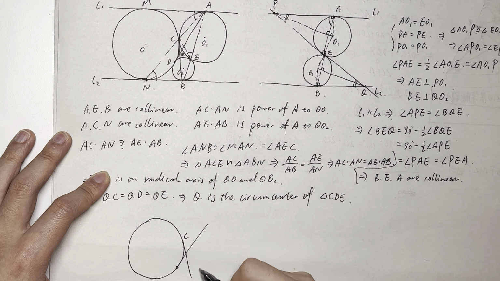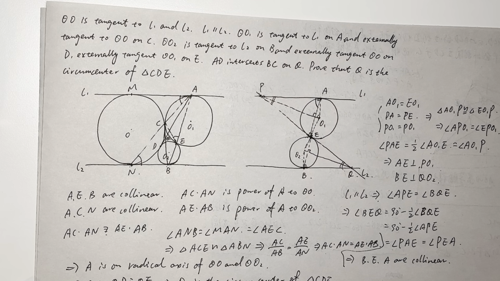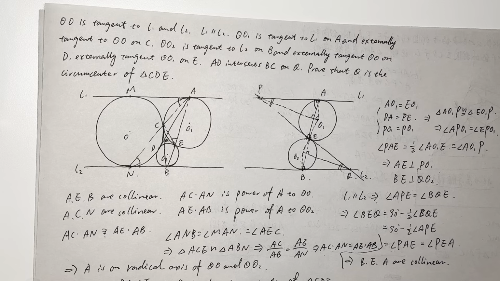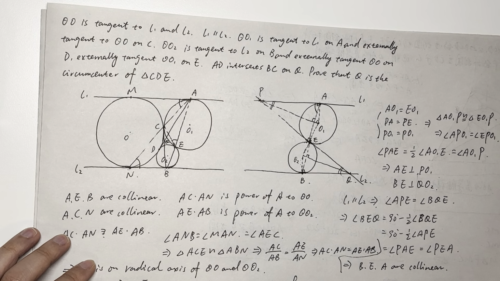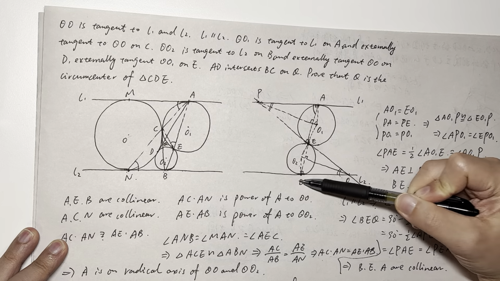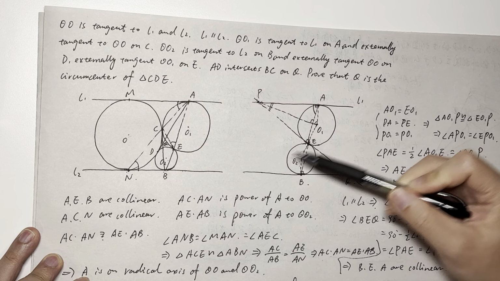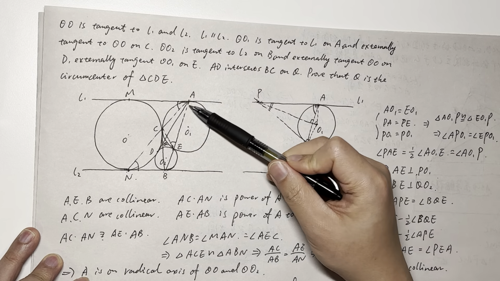Okay, so this problem is not a very easy one. I would say it's on the medium to difficult side. The difficult part is that we figure out A, E, B are collinear. This is a critical part. Once you find that A, E, B are collinear, you want to connect them.